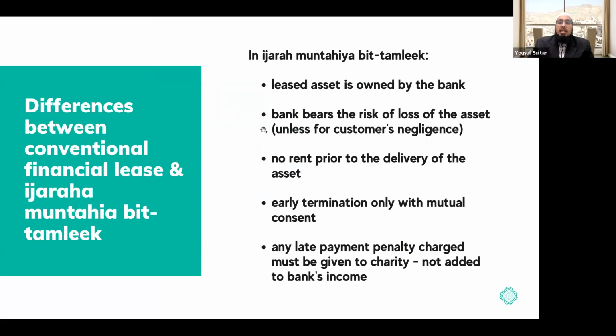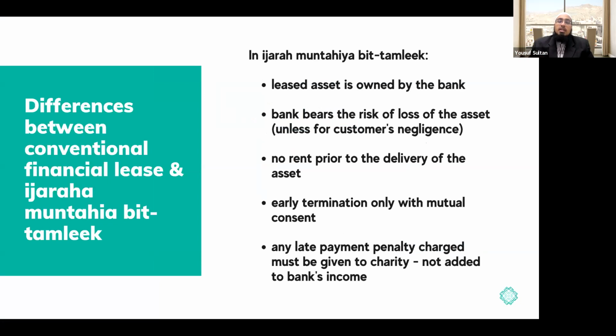Okay, so this slide contains a bit of differences between a conventional financial lease and Ijara Muntahiya bit Tamlik, which is an Islamic lease. Now, in a conventional financial lease, the leased asset is not owned by the bank in most cases.